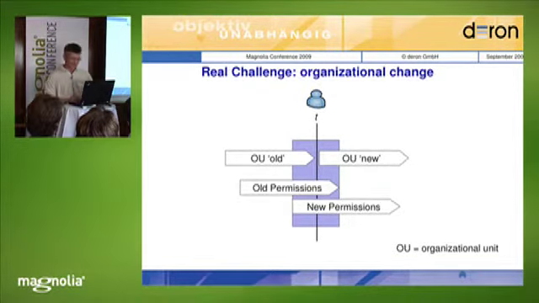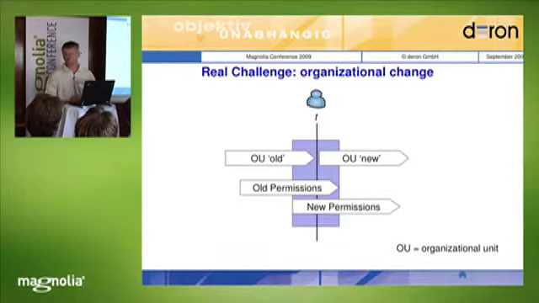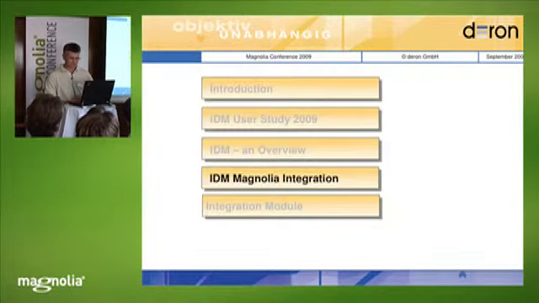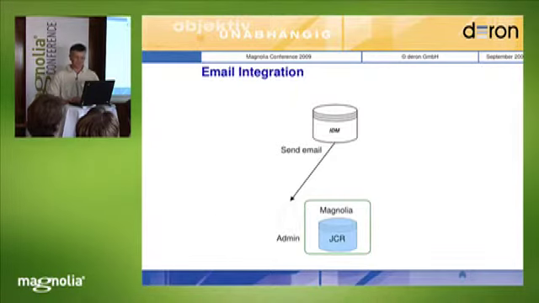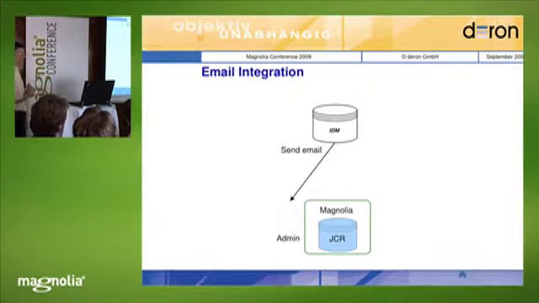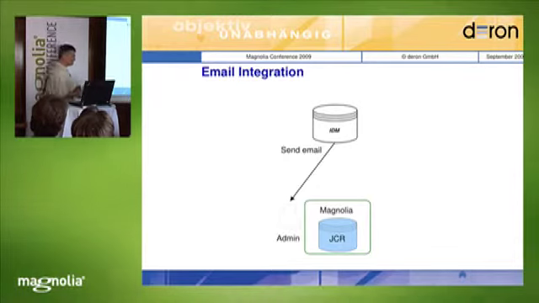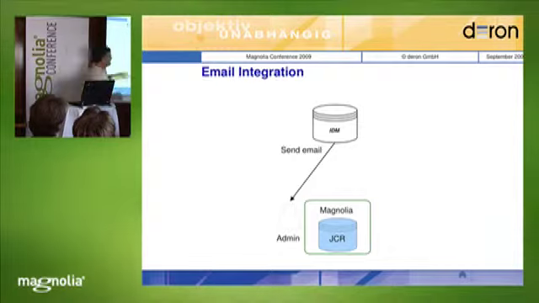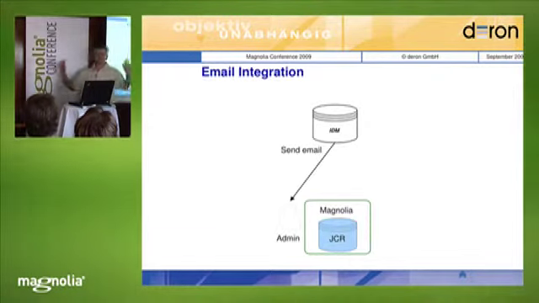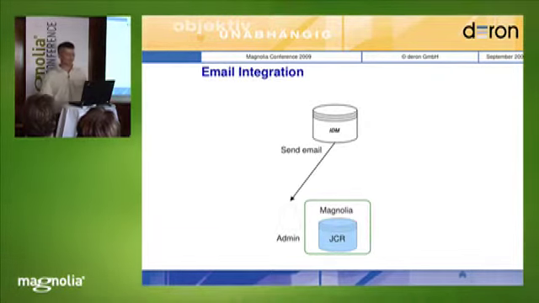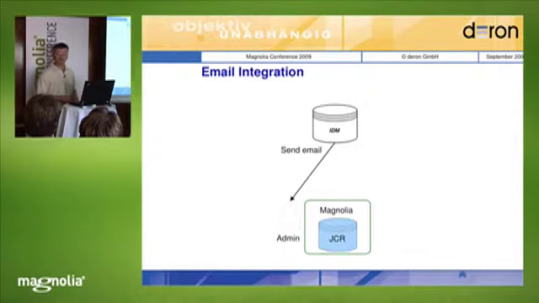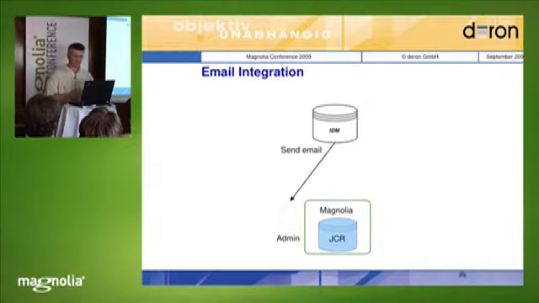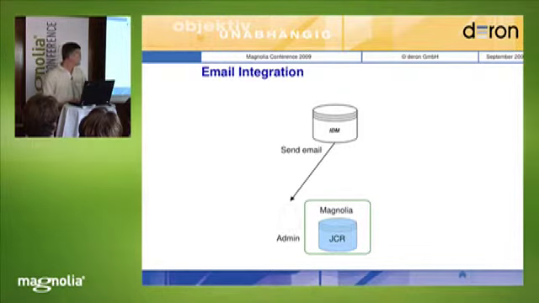Now let's talk a little bit about how Magnolia can be integrated in such a solution. So the simple approach is, and this is really an approach which is implemented in lots of companies, the identity management just sends an email to a Magnolia administrator, and the Magnolia administrator just does the job. So simple integration, it works, but okay, you need the admin.